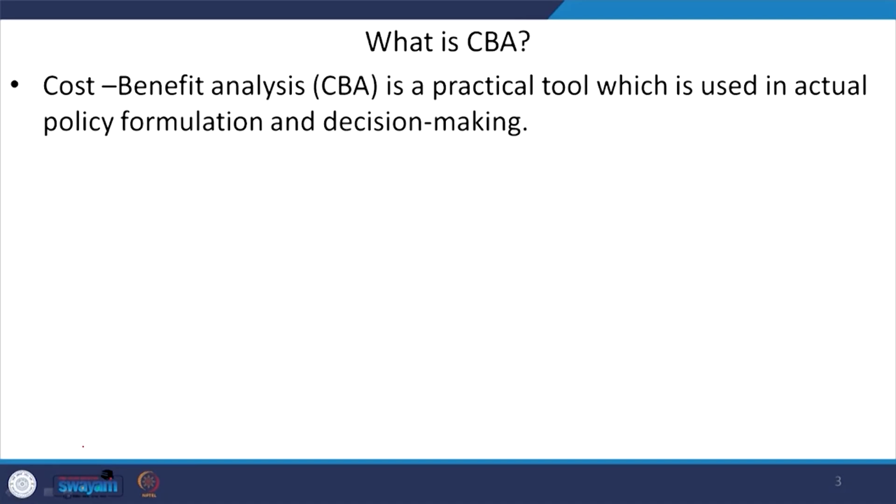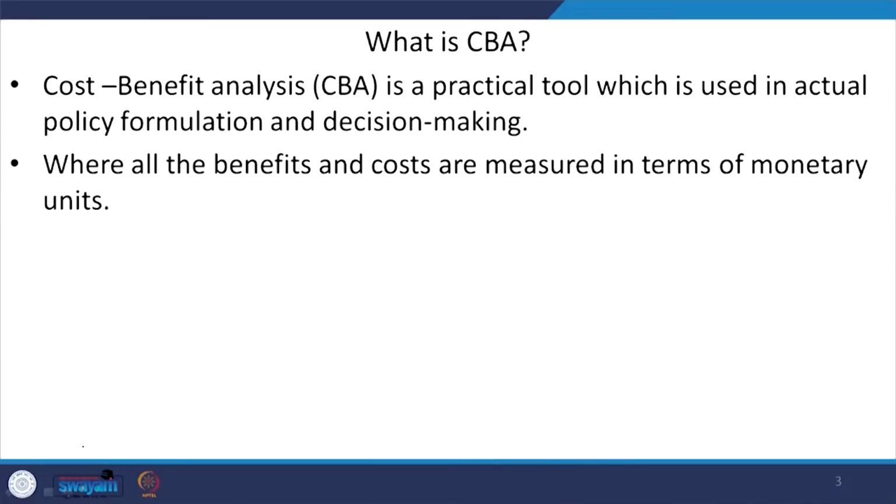As you understand, cost benefit analysis is a tool that is helpful in appraising a particular policy, and that will be helpful in policy formulation and in making the right kind of decisions. We say this tool will be helpful in formulating the right policy or making the right decision because it takes into account all the benefits and costs that will be incurred from a particular policy or project.